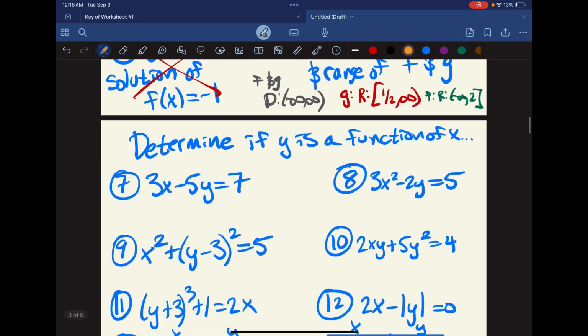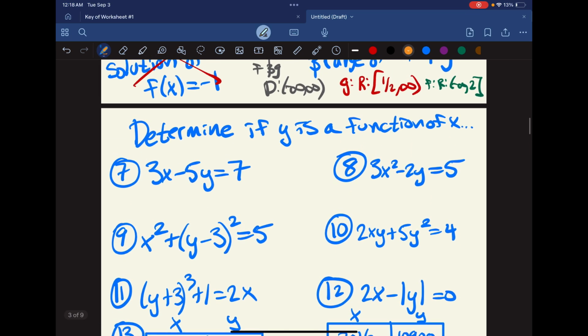So, okay, now determine if y is a function of x in the following functions. So this is basically just, does the function pass the vertical line test or not? One way you can do that is to solve for y. So in this scenario, you could add 5y to both sides.